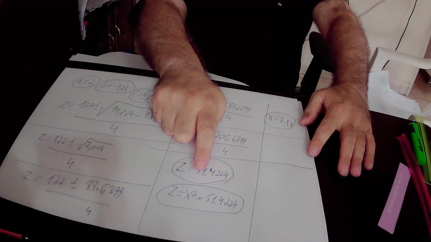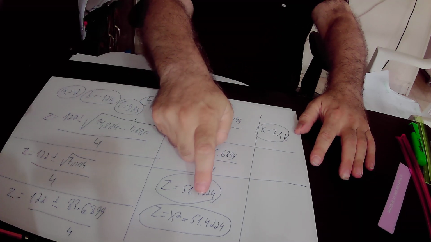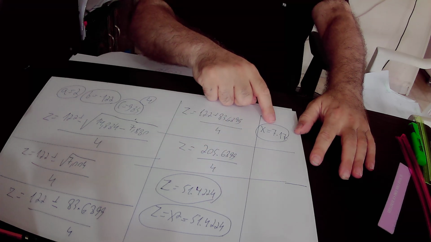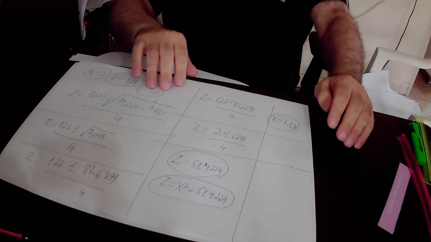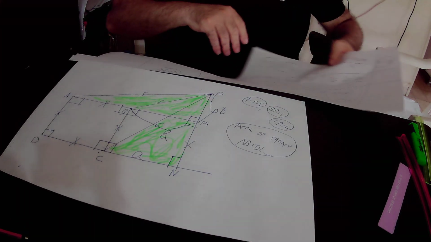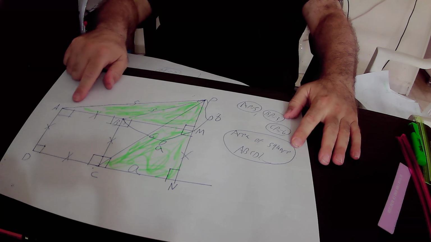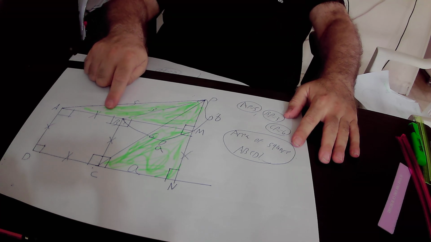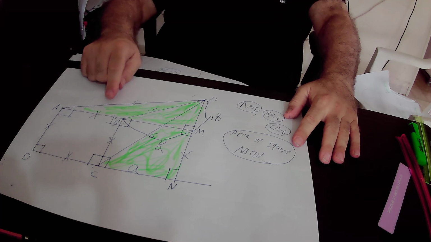So the value of x is the square root of 51.4224, which is equal to 7.17 units. So we found out that x, that is AB, equals 7.17 units, and it is impossible that x will be equal to 7.17 units, and I'll explain why.